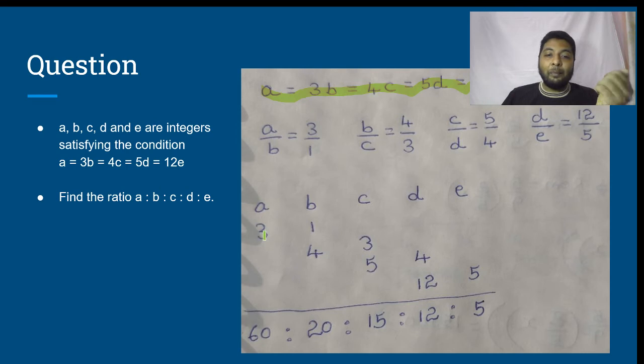So A will pick up 3 twenty times. So A has picked up how many? 60. Therefore, what is the ratio of A to B to C to D to E now? 60 is to 20 is to 15 is to 12 is to 5. Clear?